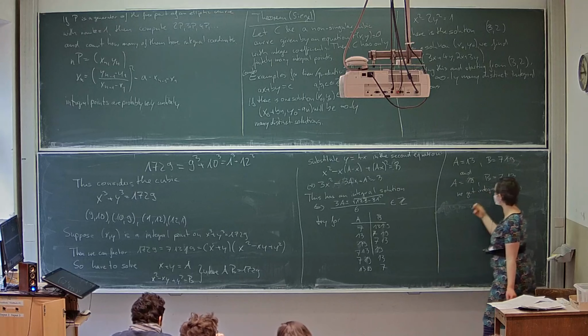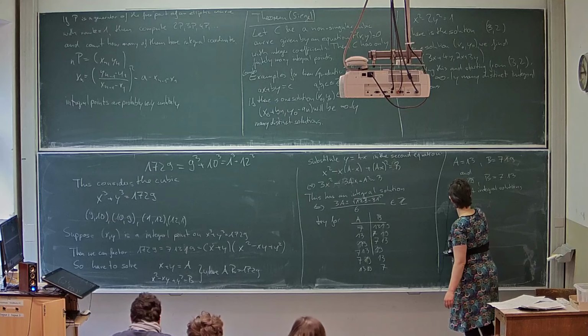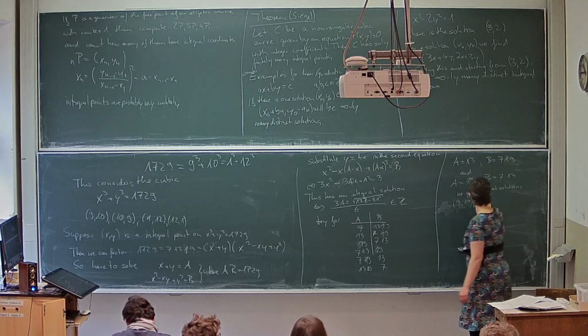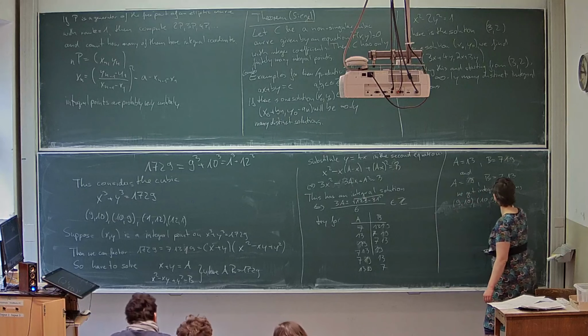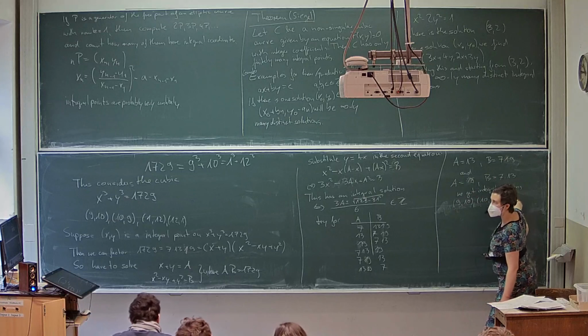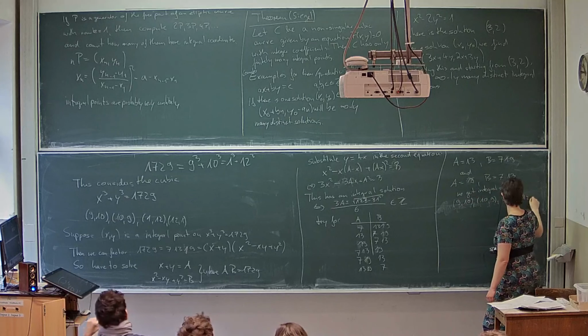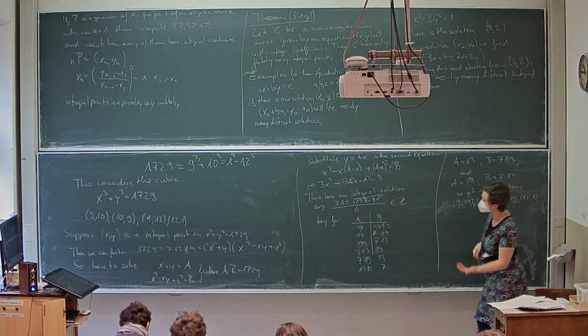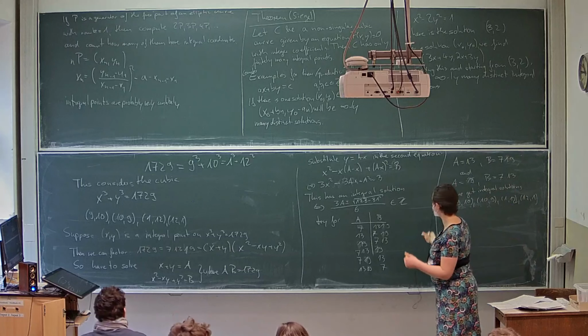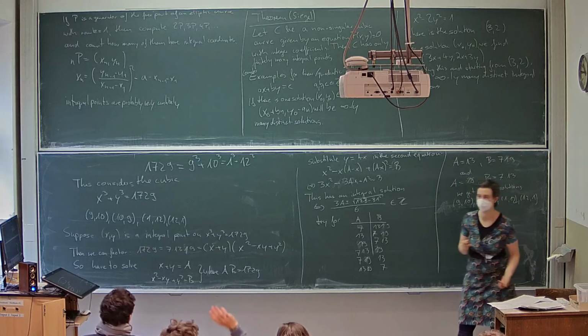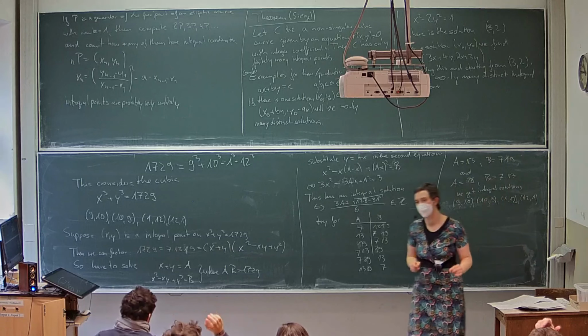We get integral solutions (9, 10), (10, 9), (1, 12), and (12, 1). Or, well, basically just the one solution, and if we just switch x and y.